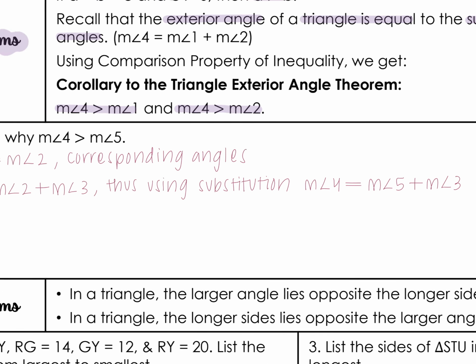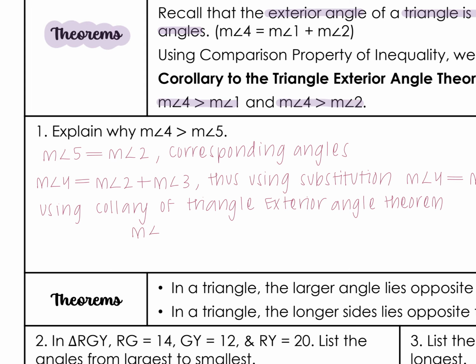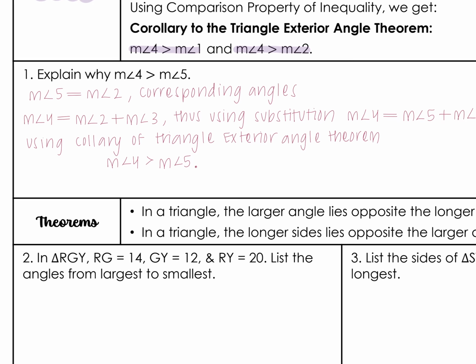And so therefore, using our corollary of the triangle exterior angle theorem, the measure of angle 4 is going to be greater than the measure of angle 5. Okay, so now moving on, we've got some other theorems here.